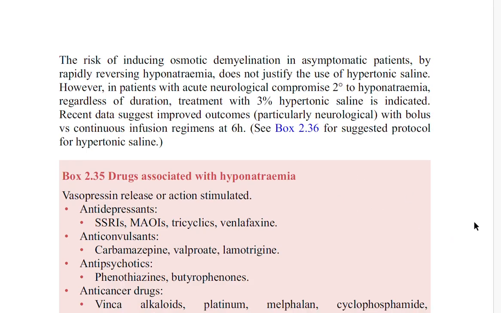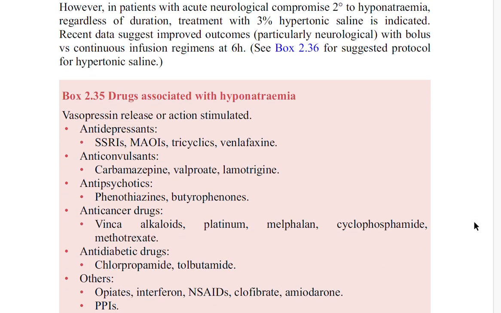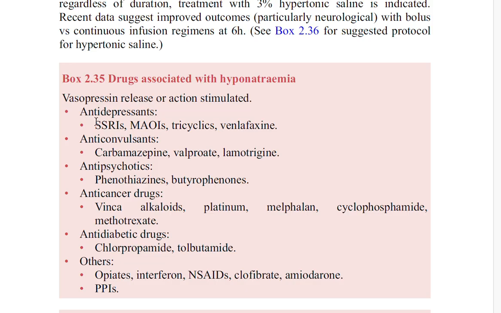Then drugs associated with hyponatremia, this is important. Vasopressin release or action stimulated, like antidepressants such as SSRIs, monoamine oxidase inhibitors, tricyclic antidepressants, venlafaxine. Then there are anticonvulsants in the form of carbamazepine, valproate, lamotrigine. Then antipsychotics in the form of phenothiazine, butyrophenones. Anti-cancer drugs in the form of vinca alkaloids, platinum, melphalan, cyclophosphamide and methotrexate.